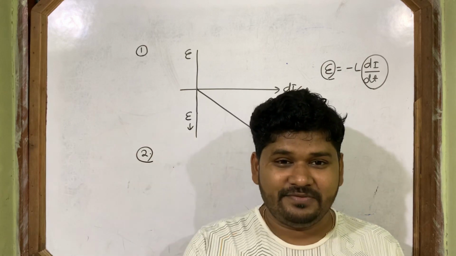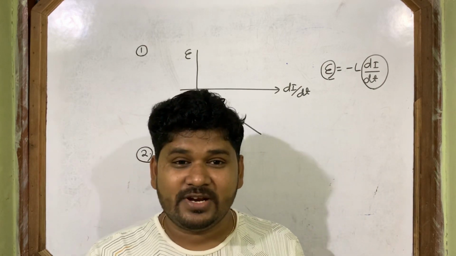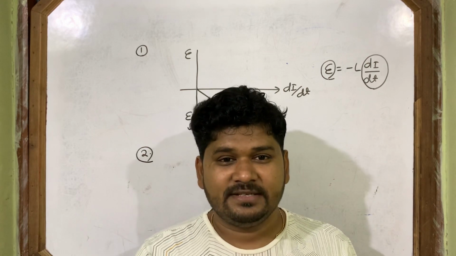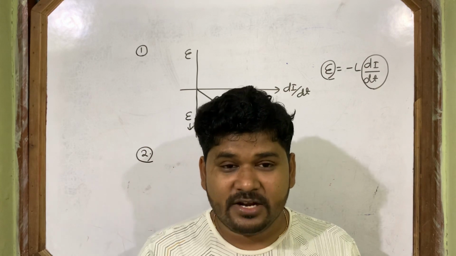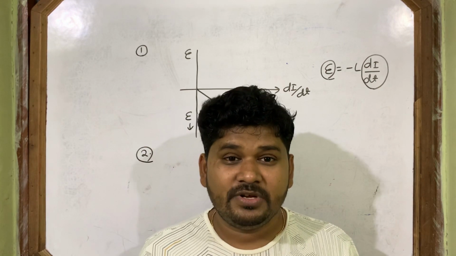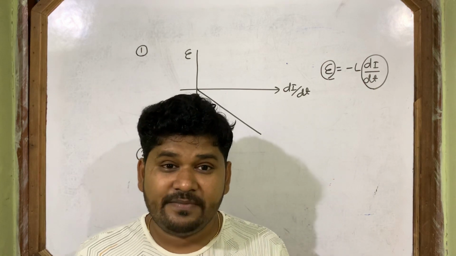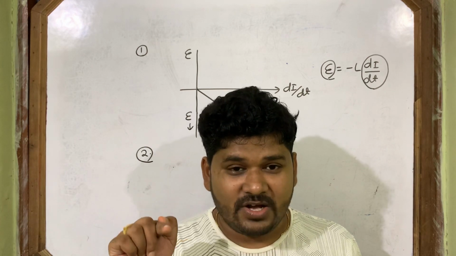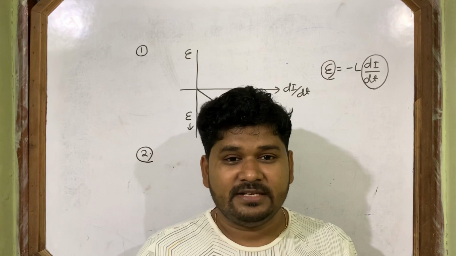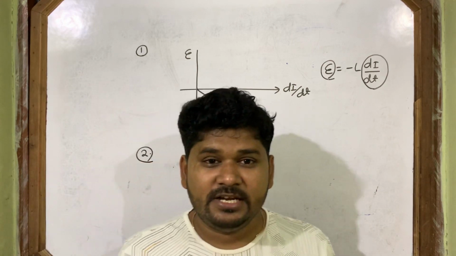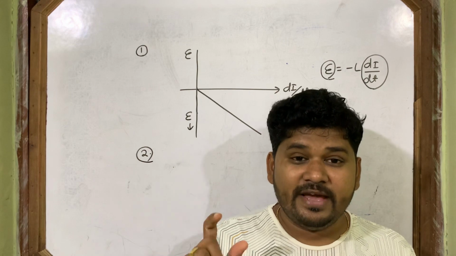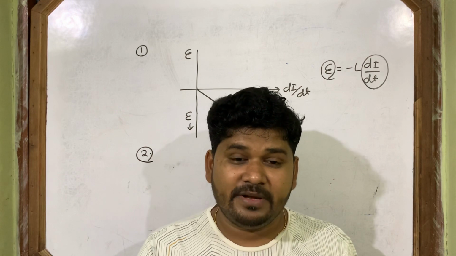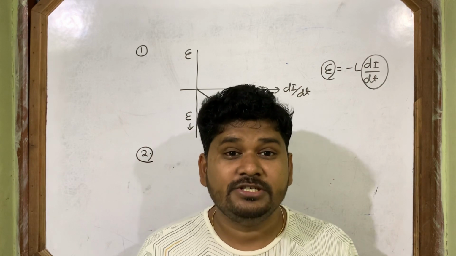When you switch off, suddenly the circuit breaks there. When the circuit breaks, suddenly what happens? Current immediately comes to zero. Due to the self-induction property, EMF is induced there. And that induced EMF will not allow the current to come to zero.